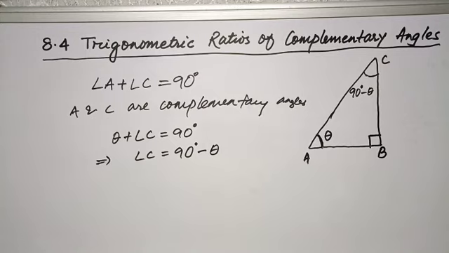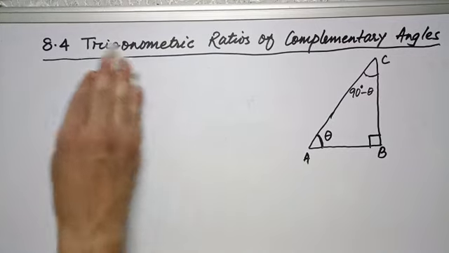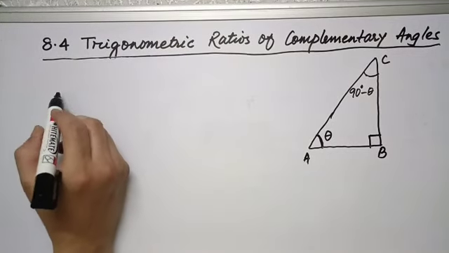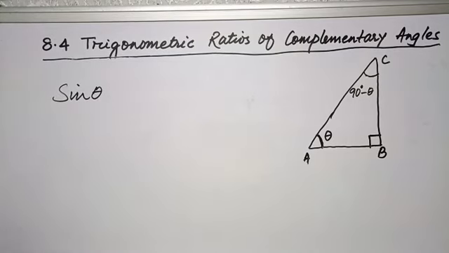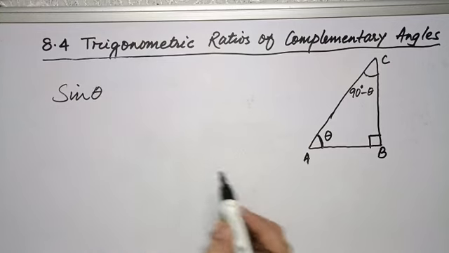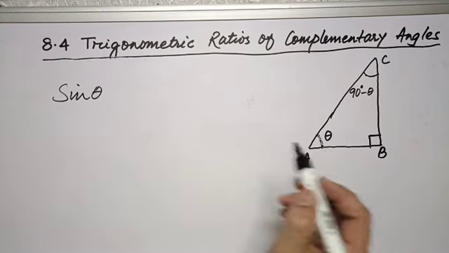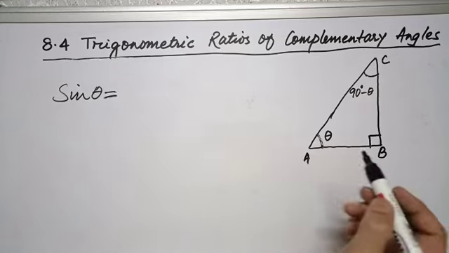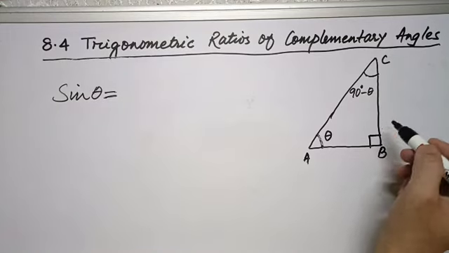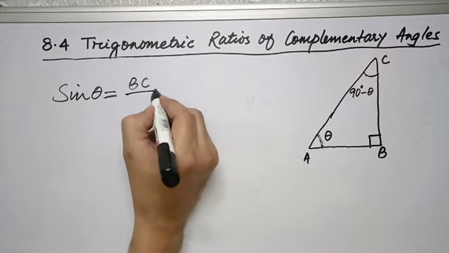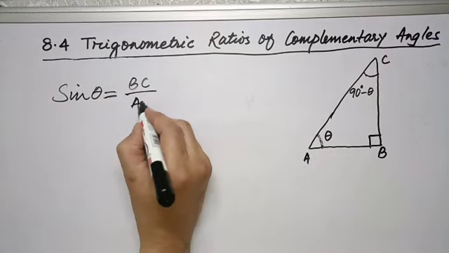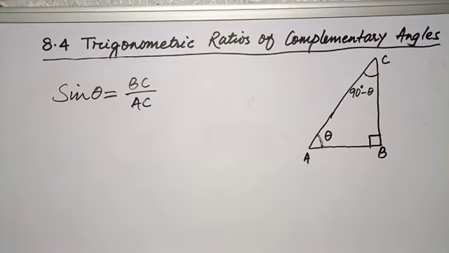Now we'll see in the form of ratio. Okay, let me erase it first. Now if I take sine theta, means if I take this angle, then sine means opposite side by hypotenuse, means perpendicular by hypotenuse, that is BC by AC, your hypotenuse is AC, right?